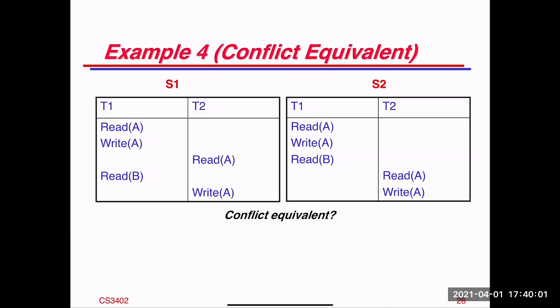So what are the conflicting operations here? Well, for example, the read of A and this write of A, that would be a conflicting operation. And that's the same order here. And similarly, this write here and this read, and this write here and this write. So also this order is exactly the same, right? Okay, and this read B here doesn't matter because there is no access of item B in the second transaction.